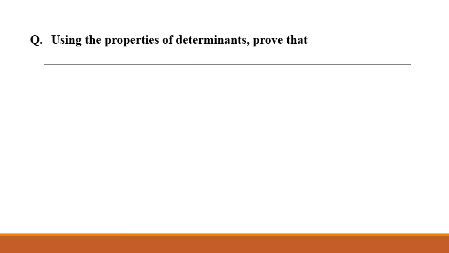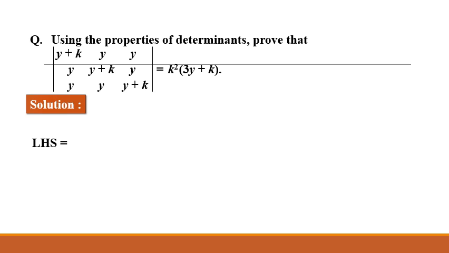Next example, using the properties, prove that the determinant with rows y plus k, y, y; y, y plus k, y; y, y, y plus k is equal to k square into 3y plus k. So solution, consider the LHS. Again we can see the diagonal elements are same as well as the non-diagonal elements are same.